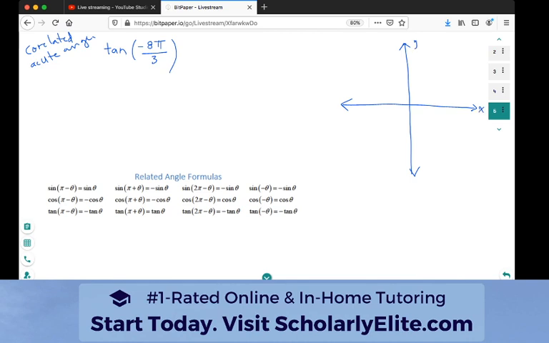Alrighty. So whenever we have something like this, obviously we know that from here to here is 1 pi, and from here to here is another pi, which makes 2 pi all the way around the circle. So if this is over 3, then from here to here is 3 pi out of 3, which is technically 1 pi. And all the way around the circle is 6 pi out of 3, which is technically 2 pi.